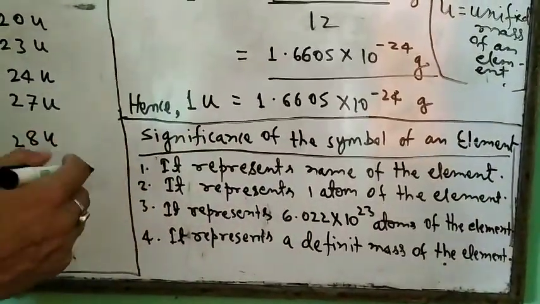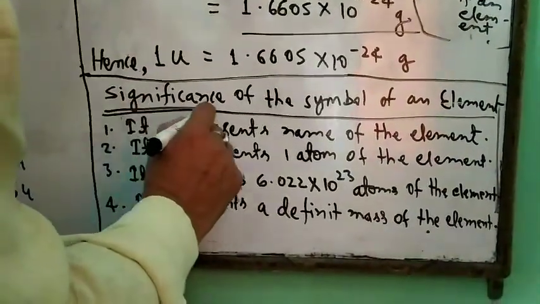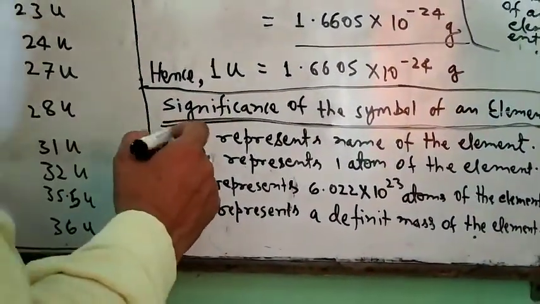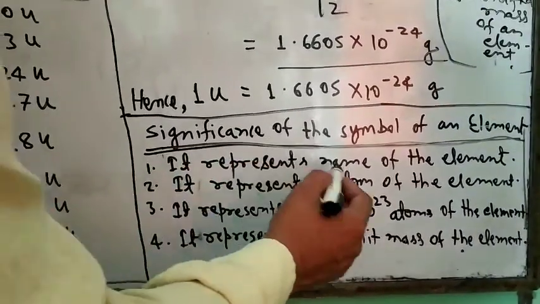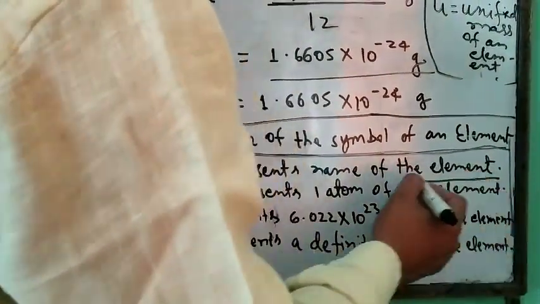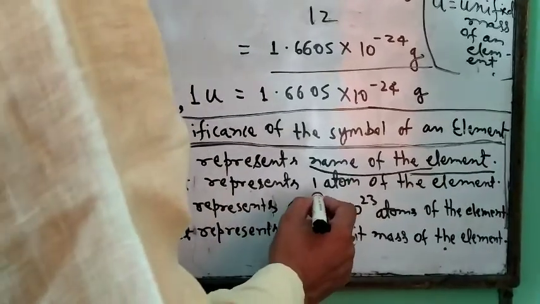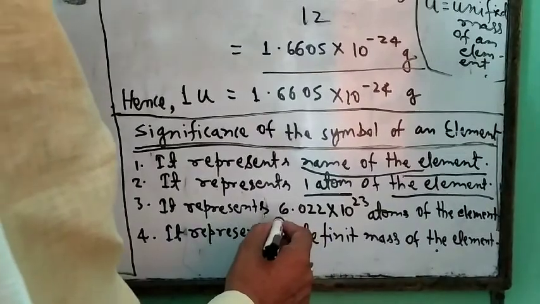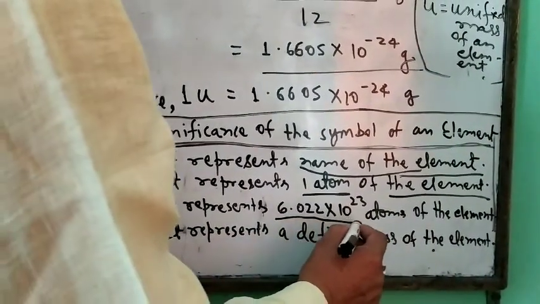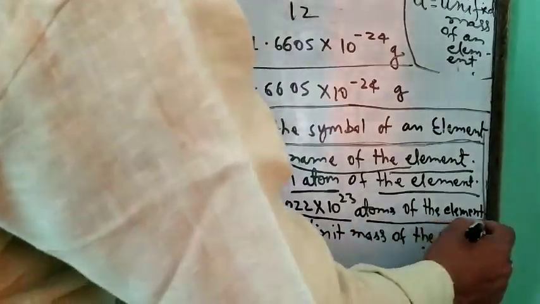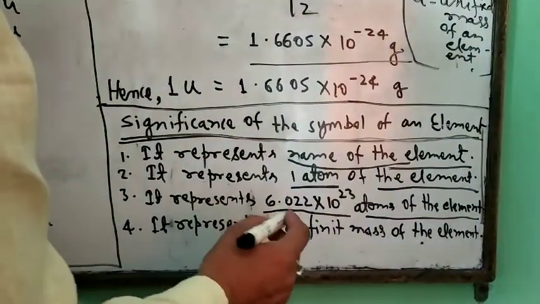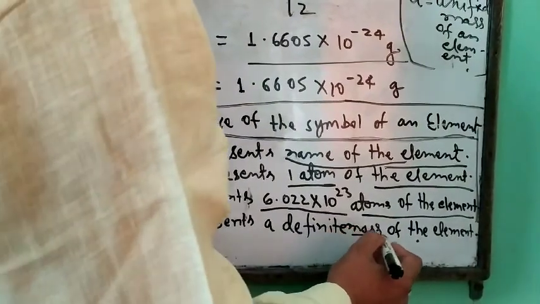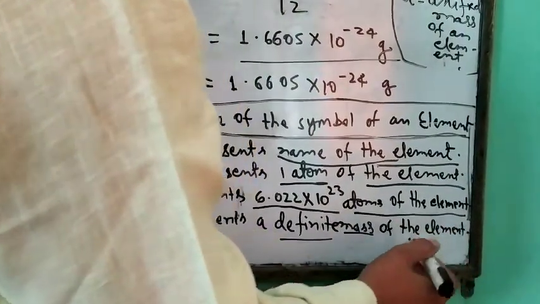Now we have to know about the significance of the symbol of an element. What is the significance? First, it represents the name of the element. It also represents one atom of the element. It also represents 6.022 times 10 to the power 23 atoms, that means 1 mole of that element, and it also represents a definite mass of that element.